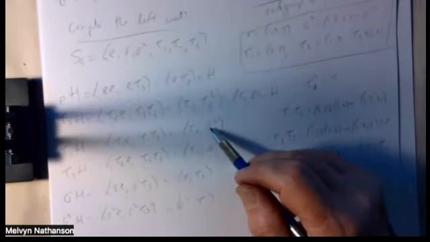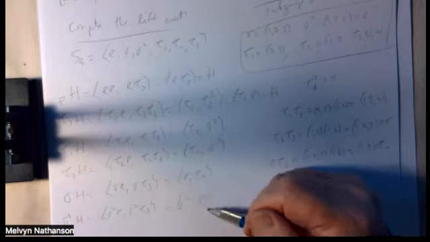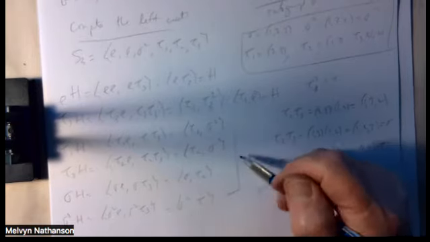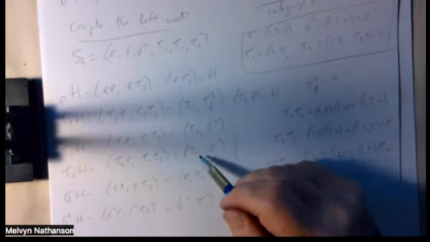Of course, they're not all different. This is H and this is H. Here's tau 1 sigma squared. These two are equal. Tau 2 and sigma, these two are equal, and these two are equal.